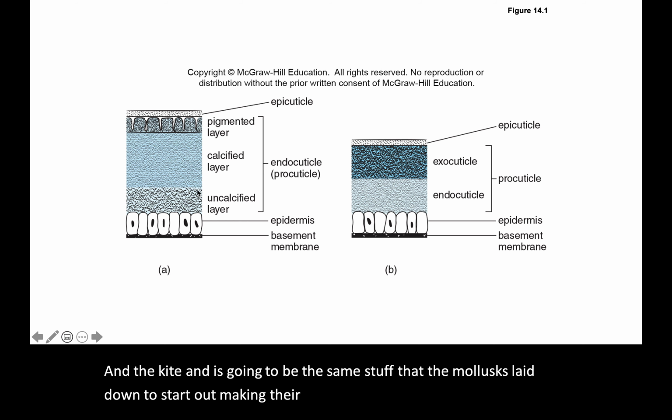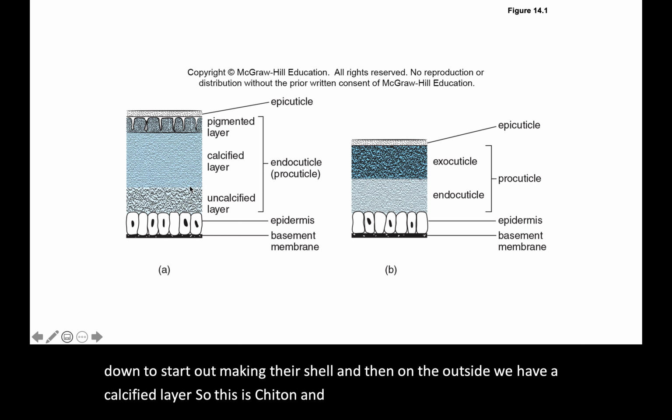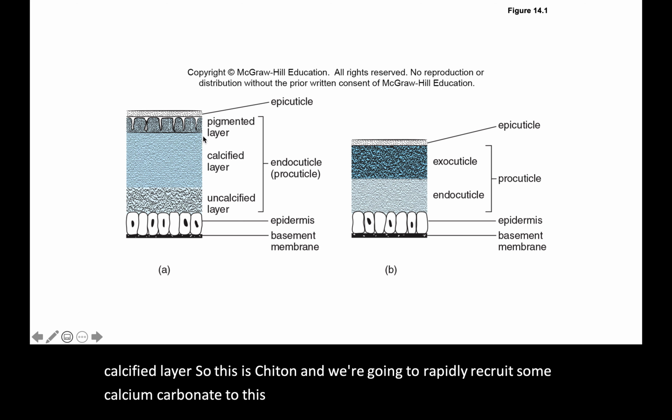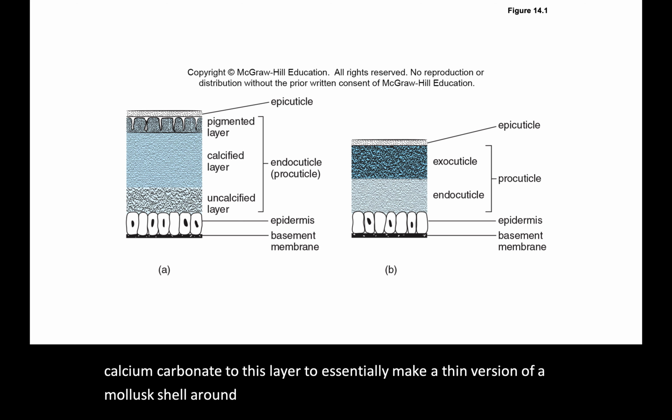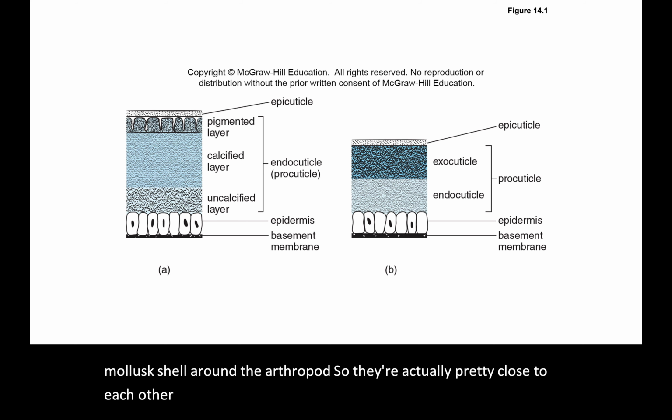Then on the outside, we have a calcified layer. We're going to rapidly recruit some calcium carbonate to this chitin layer to essentially make a thin version of a mollusk shell around the arthropod. So they're actually pretty close to each other in the way that they build their protection.